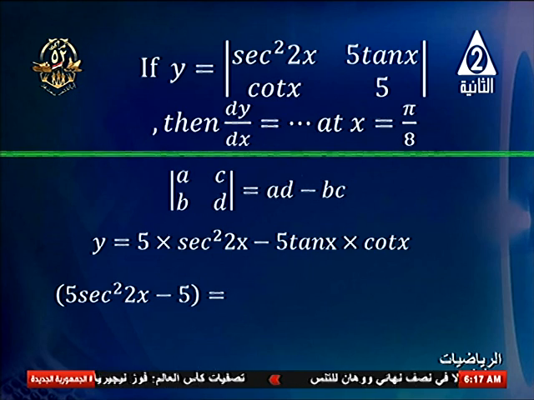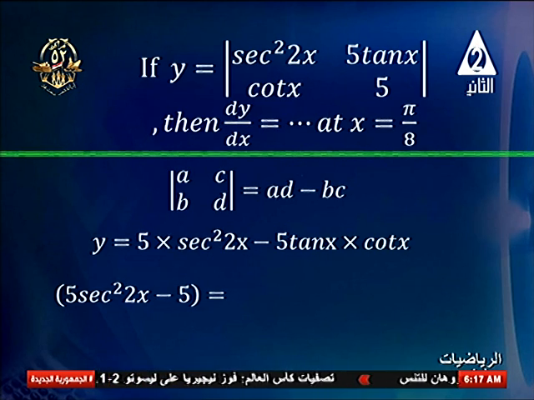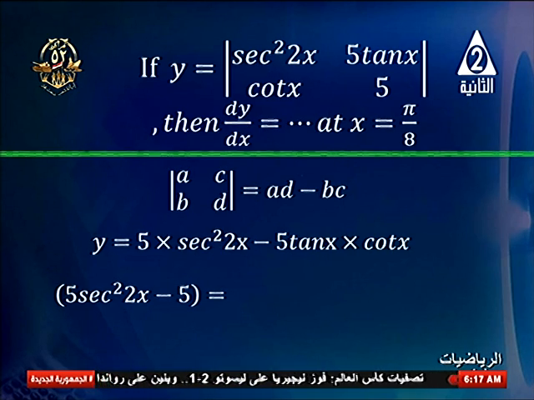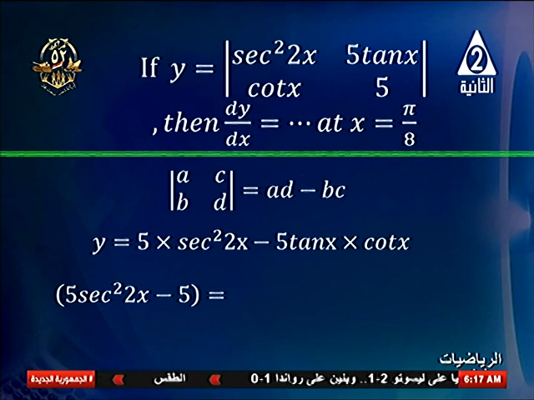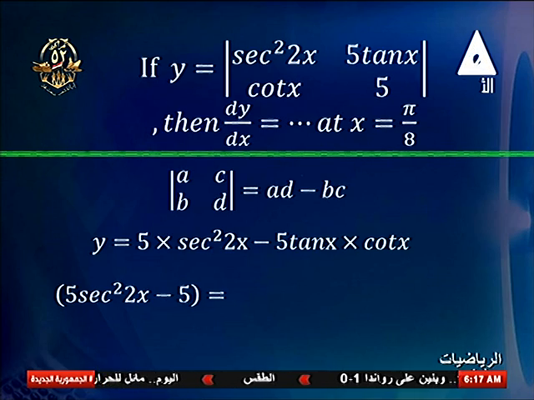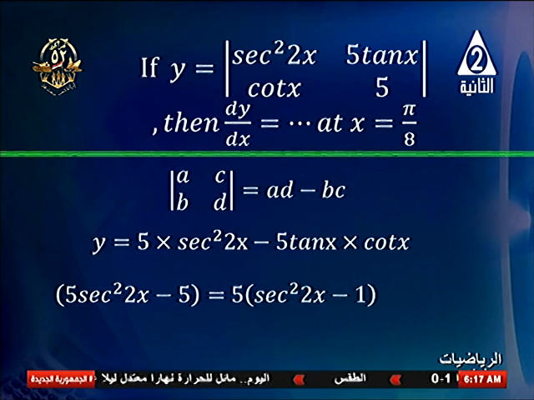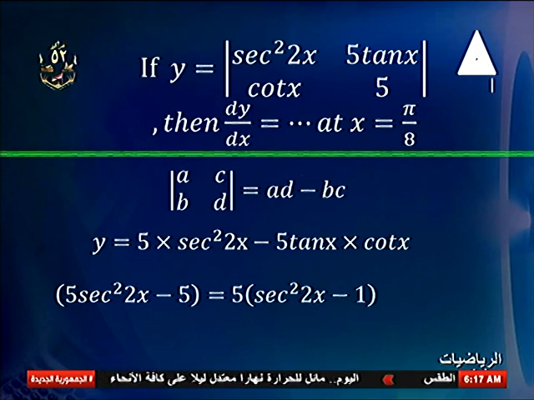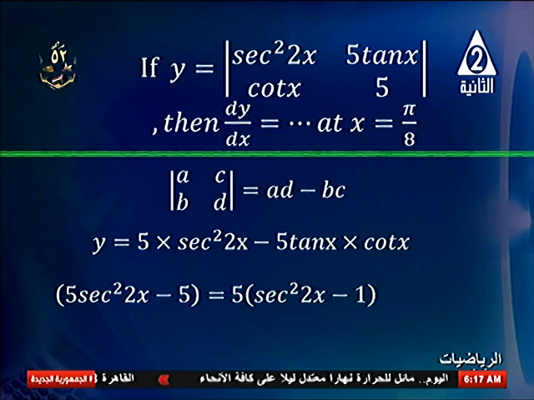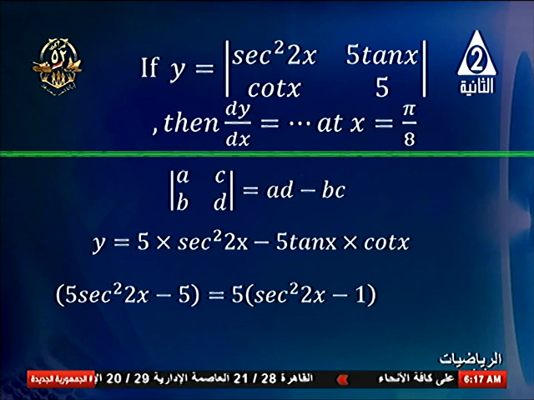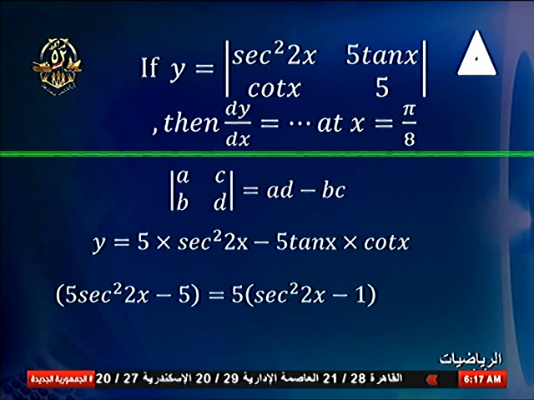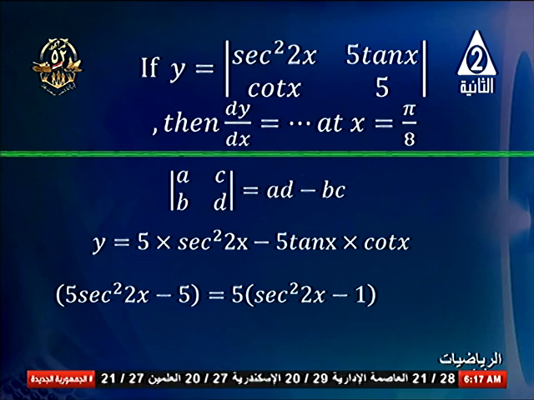Because tan x multiply cot x equals 1. Y equals 5 sec square 2x minus 5. Before we find dy over dx, we take 5 as highest common factor. Then 5 multiplies sec square 2x minus 1.